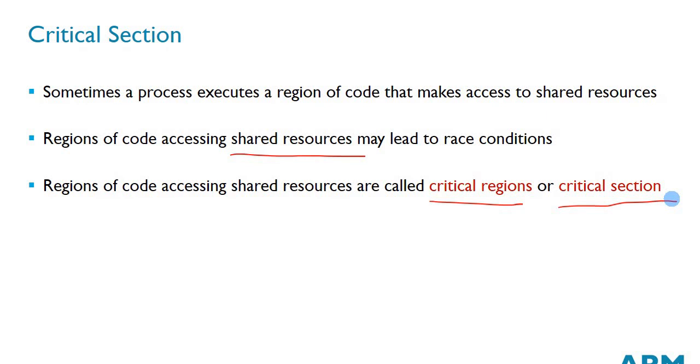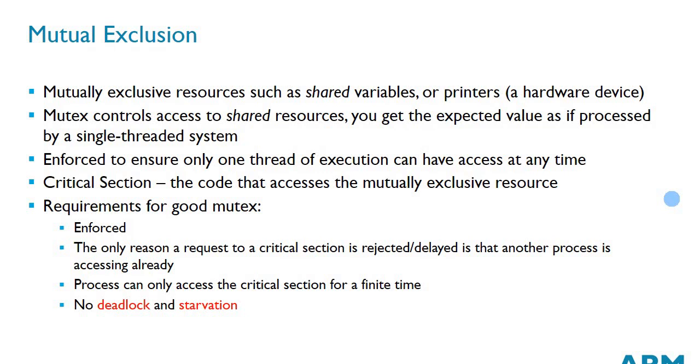So how do we do it? Within the OS, we have an OS construct called a mutex, or mutual exclusion. So what does a mutex do? It controls access to the shared resource by providing exclusive access. That's why we call it mutual exclusion.